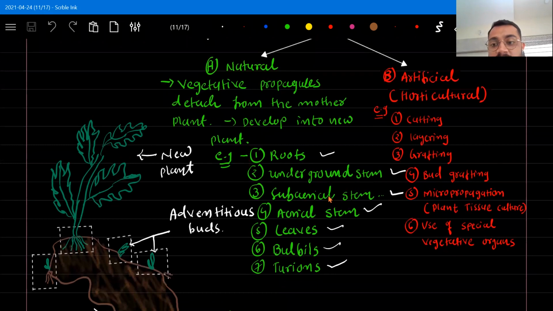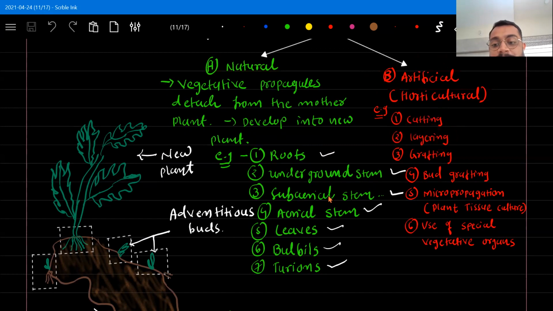On the other hand, the artificial technique is also there. That is the horticulture technique. The artificial technique involves the cutting of root, stem, and leaf, and through that cutting we will purposefully develop the plant with the desired characteristics.